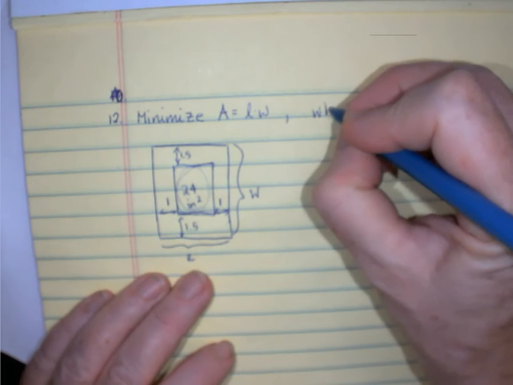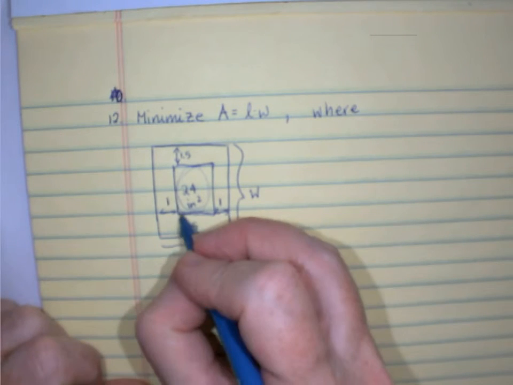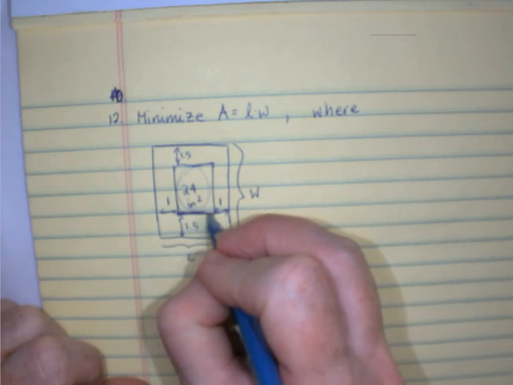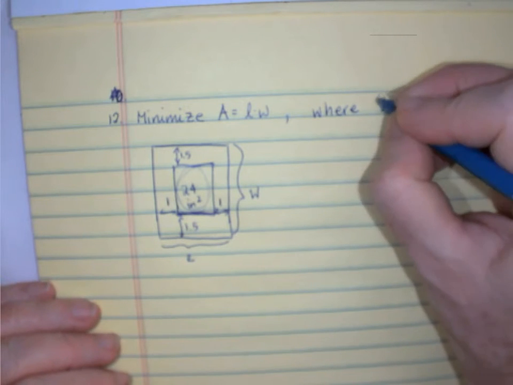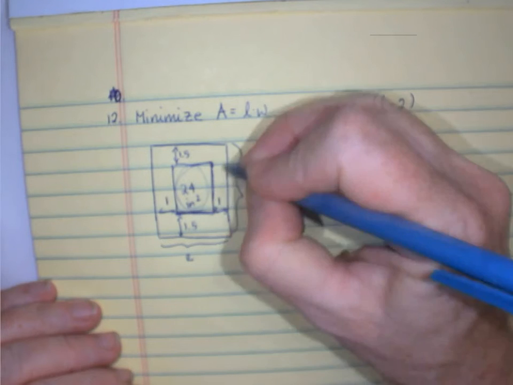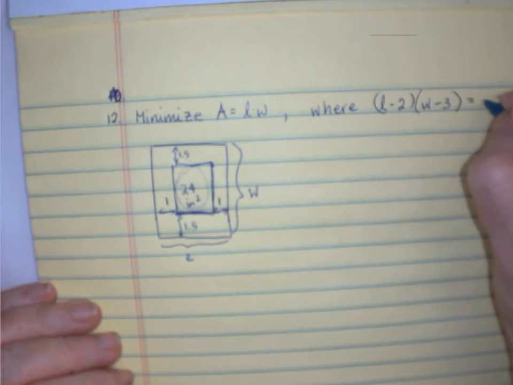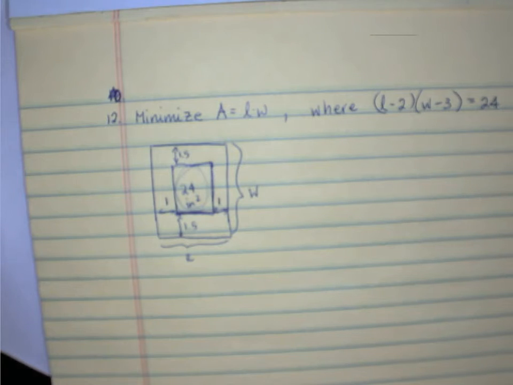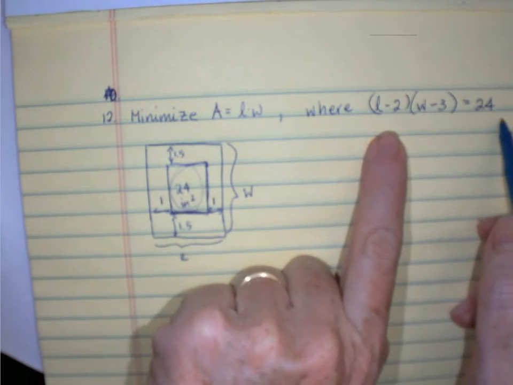So my other little bit of information is that, in order to figure out the distance from here to here, I'm going to have L minus 2. And my distance from here to here is W minus 3. So that, in fact, is 24. And this is the big setup. So here's my objective function. Here's the other bit of information.